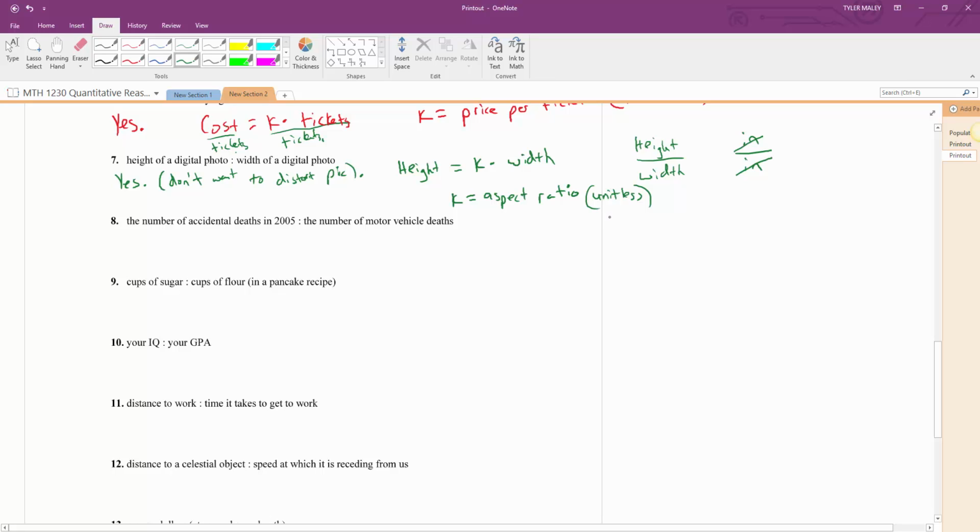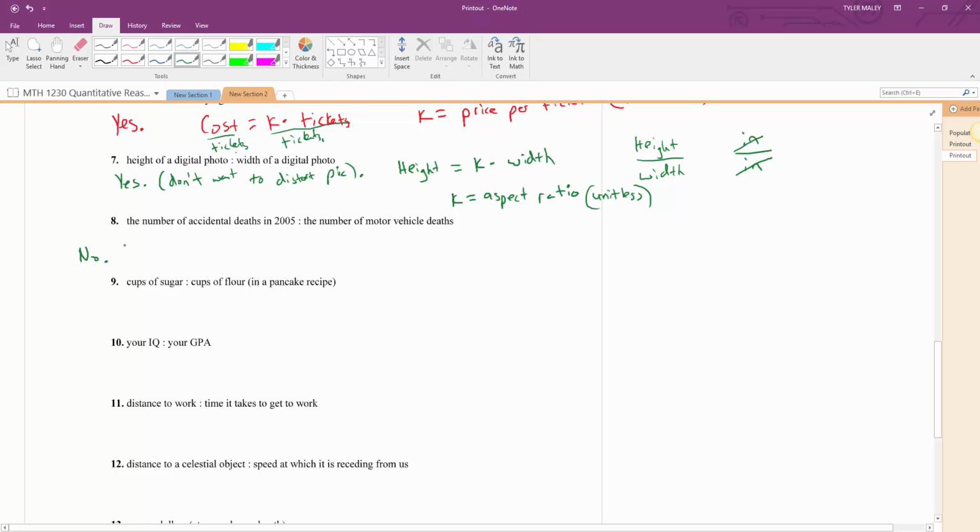Okay. So then number 8, we're told the number of accidental deaths in 2005 compared to the number of motor vehicle deaths. So again, if you think about this for a minute, this would be no, right? So we would say no, and you could say there is no reason the total accidental deaths must double if the motor vehicle deaths double, right? So you can fill that in.